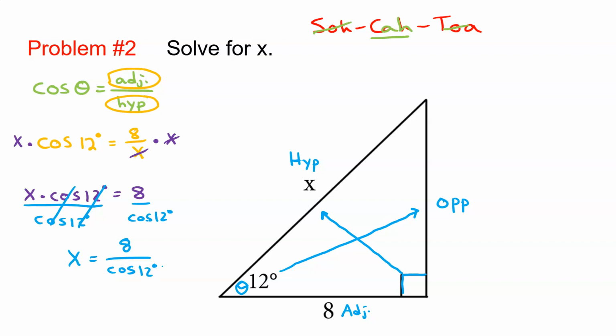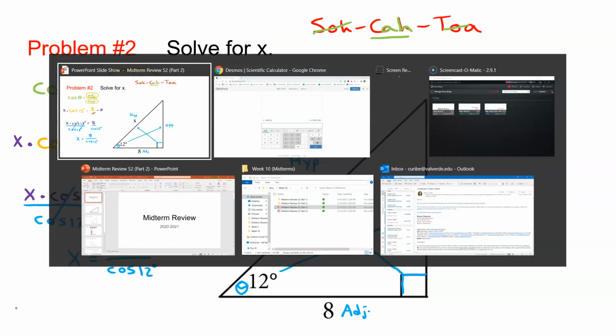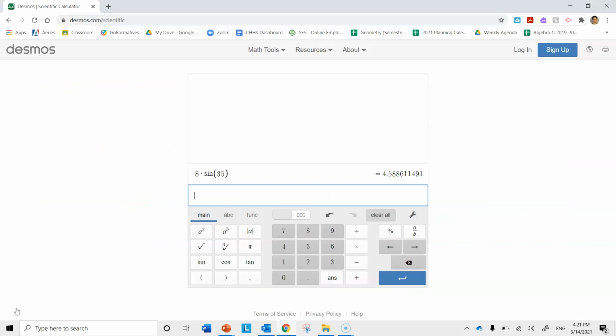If we can correctly plug that into our calculator, it should tell us our hypotenuse, which is our x. So 8 divided by cosine of 12 degrees is equal to 8.178.